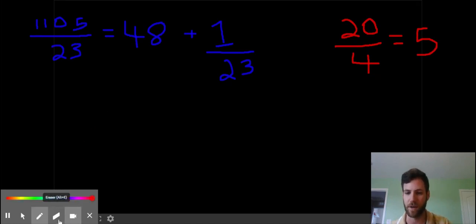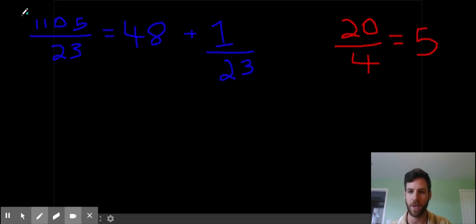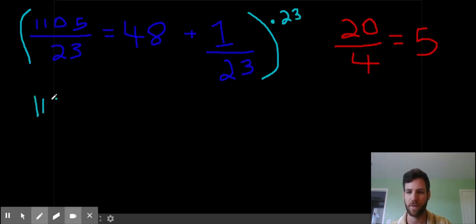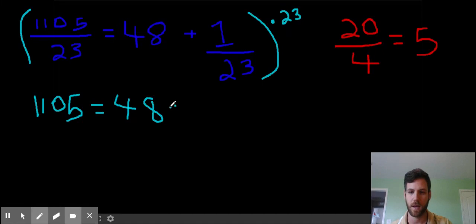So let's think about the second way to write that. Let's come back over to the left side here. If we took what we wrote up here and multiplied everything by 23, that would make it so we had 1105 is equal to 48 times 23 plus 1.